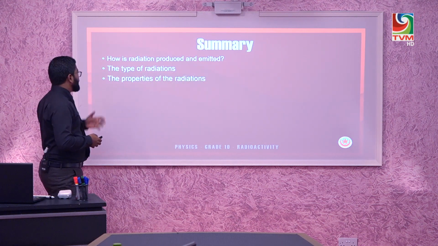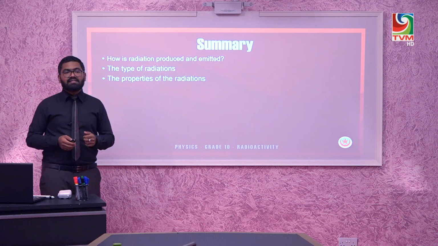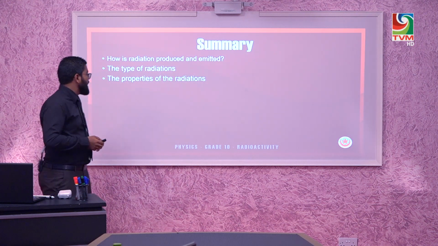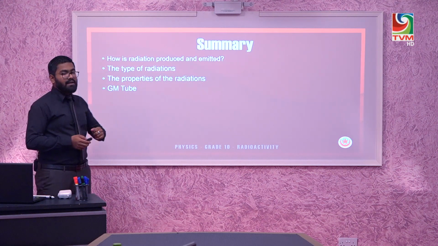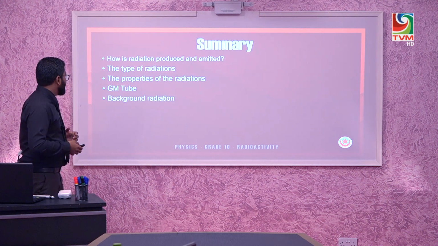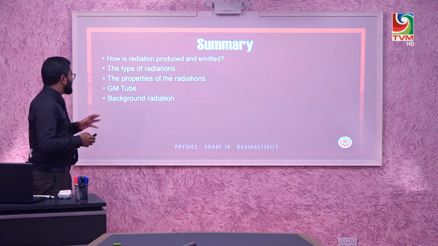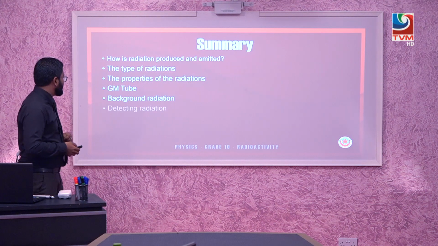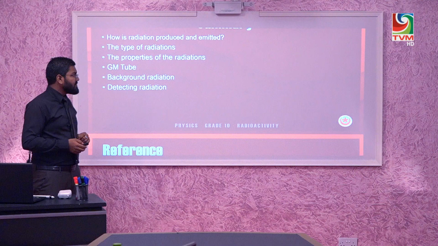We have studied the properties of the radiation in terms of ionization and penetrating power. We have also studied how a GM tube works, what background radiation actually is, and how radiation is detected.